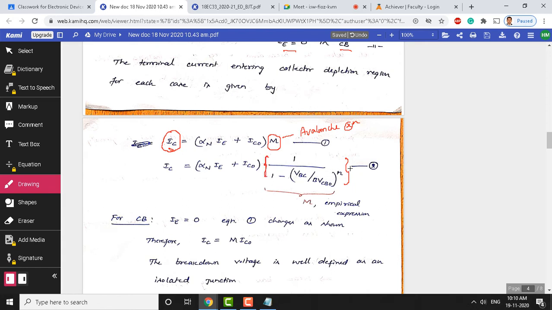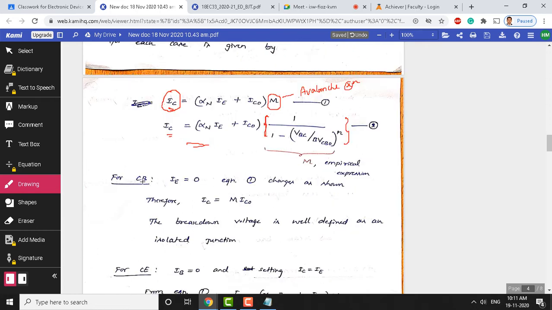This is an empirical expression, there is no proof for this. So when you substitute M with this expression, this becomes the final equation for the collector current. Now let us write this collector current expression for different configurations, like common base and common emitter.